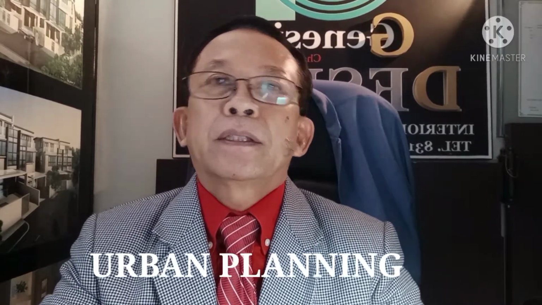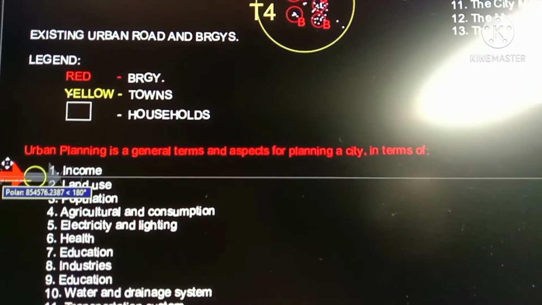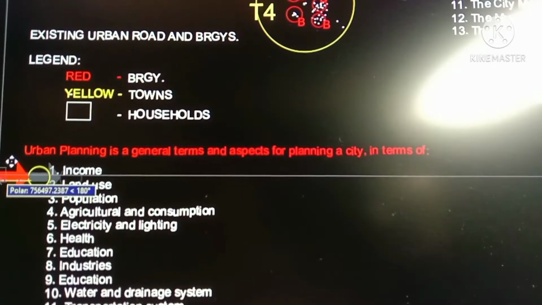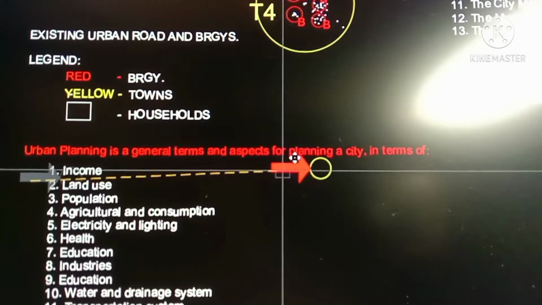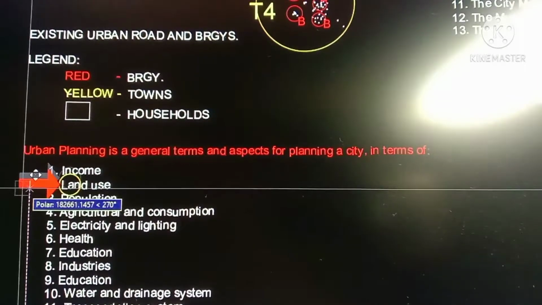I will be presenting to you urban planning. Before you can come up with a city, there must be certain requirements. As I said, urban planning in general terms covers aspects of planning a city in terms of income.